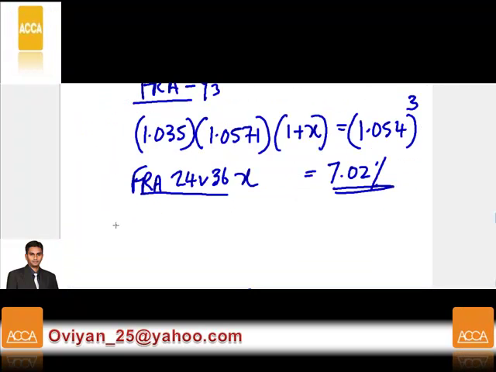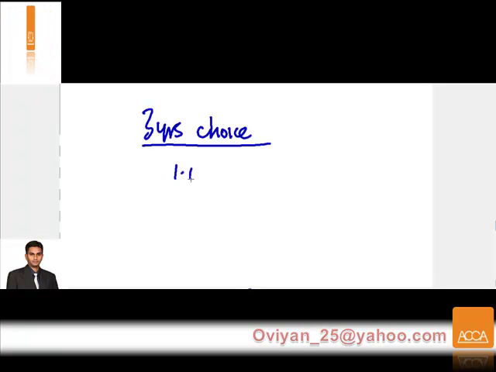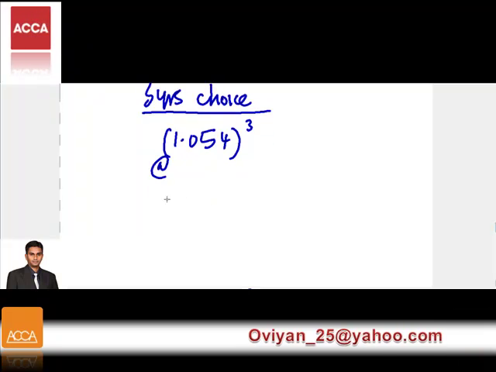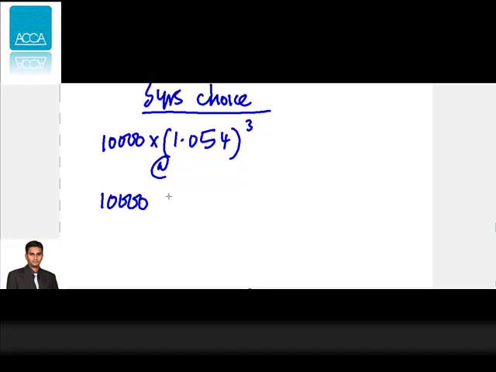So it's going to be something like that. You can take 1.054, so you borrow for 3 years. Or you can take any amount of loan if you want. Let's say 10,000 of loan.